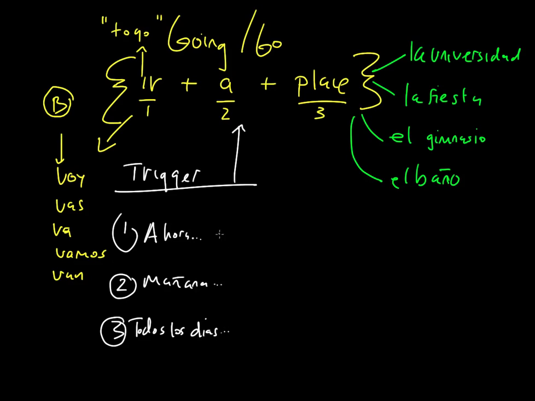So now let's write some sentences using these trigger words. In this first sentence, I'm going to write ahora vamos a la universidad. So now we are going to the university. In this second example, I'm going to write mañana. Let's see, what am I going to do tomorrow?